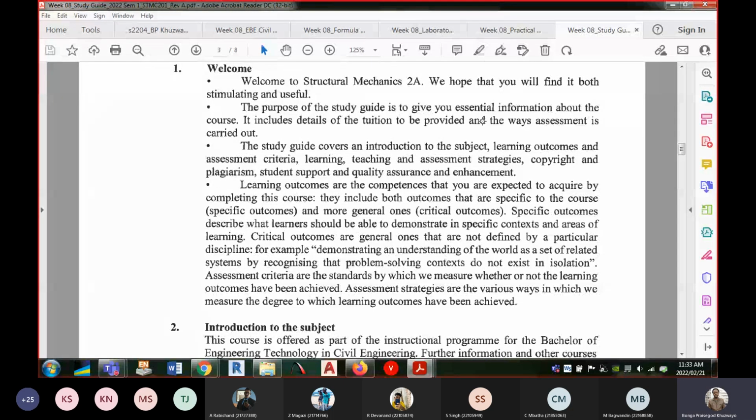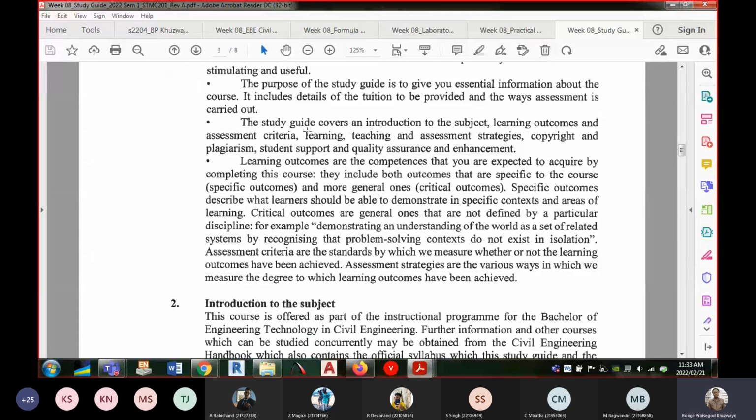You must read your study guides very carefully. They give you essential information about the module you're registered for. It also covers an introduction to the subject, learning outcomes, assessment criteria, learning, teaching, and assessment strategies, copyright and plagiarism, student report, and quality assessment and enhancement.